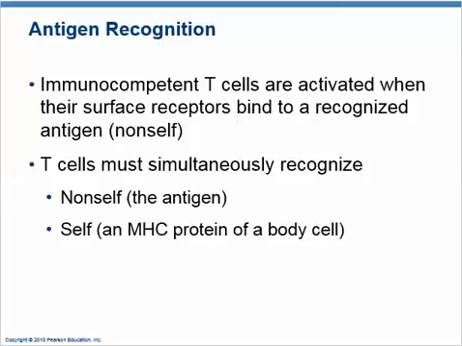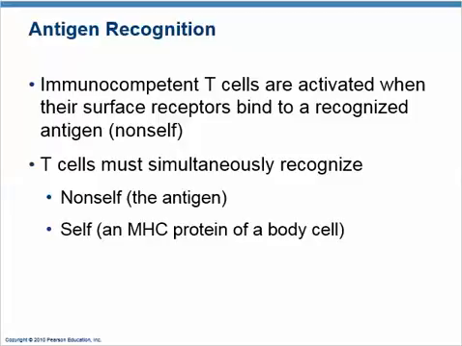Because they kill our own cells, that's an expensive proposition to the body, and we don't want that to happen lightly. So the activation is a little more complex. The T cell has to recognize that the antigen is non-self. It comes from a pathogen or something foreign.